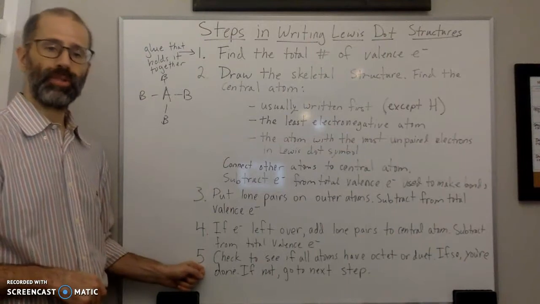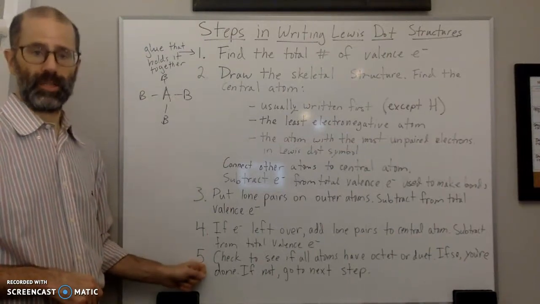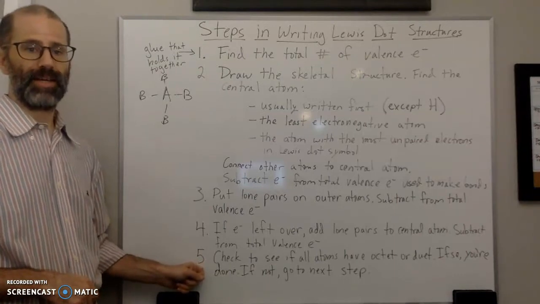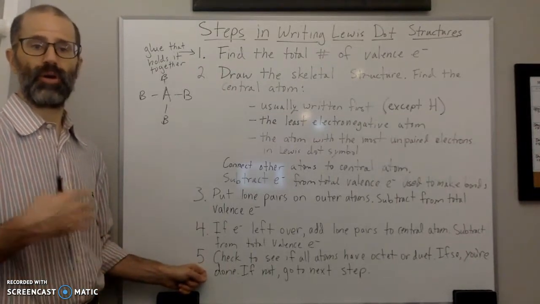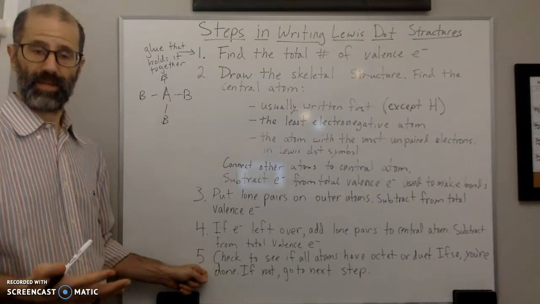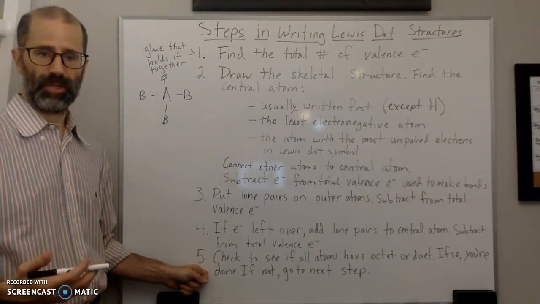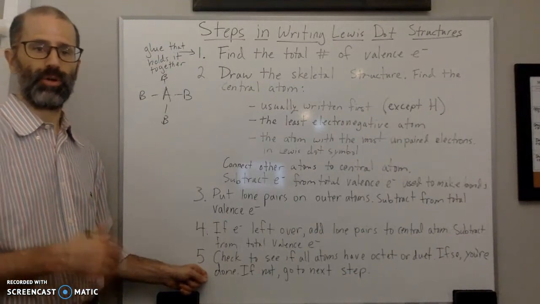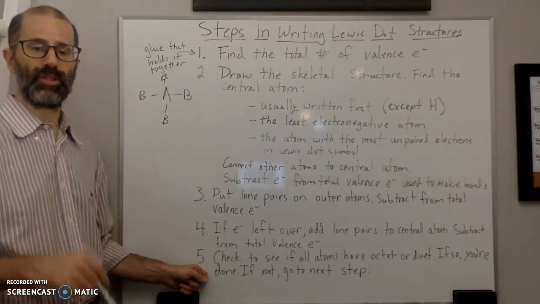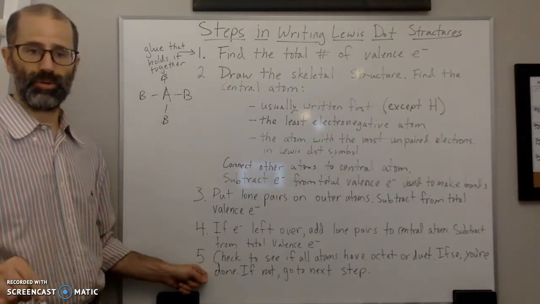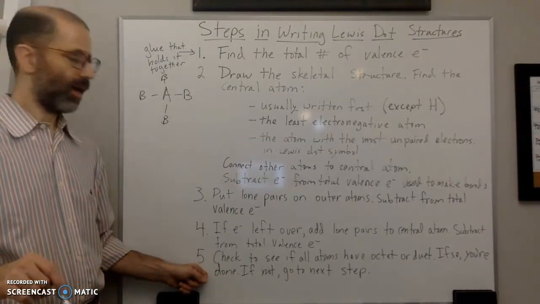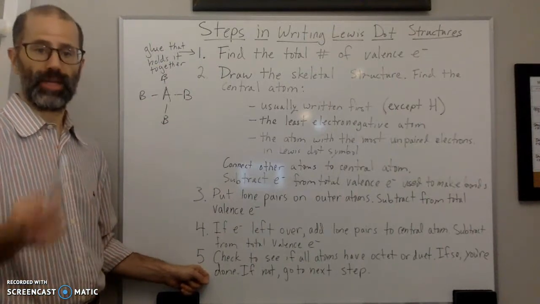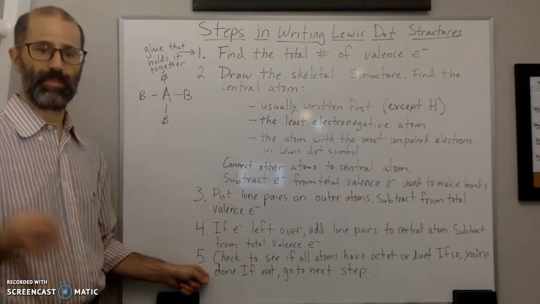If one of your atoms does not have an octet and you do not have any more electrons to give, then you've got to do something else. You're not done yet, because you need to make sure that all your atoms in the Lewis dot structure have an octet or a duet. There could be an expanded octet, where you can have more than 8 on your central atom, but we'll get to that later.